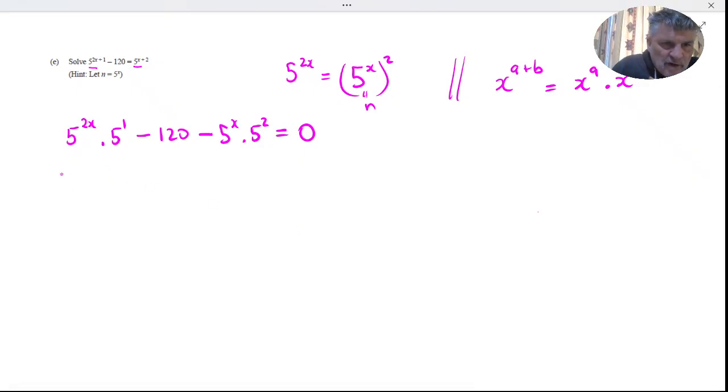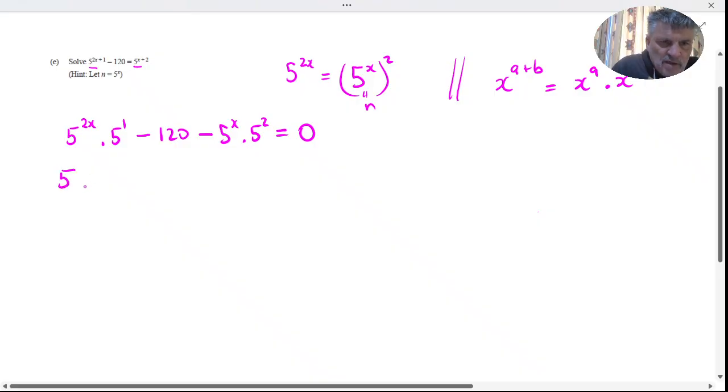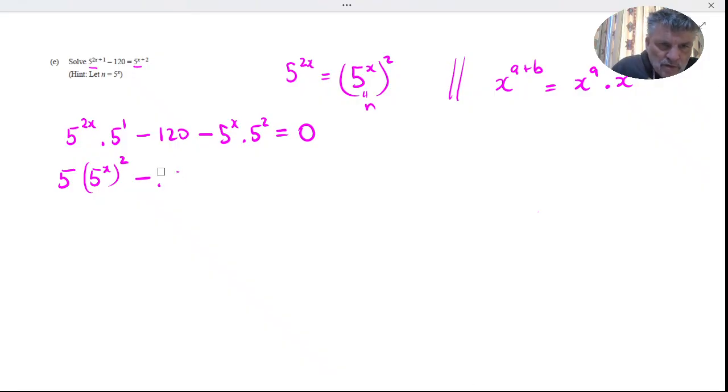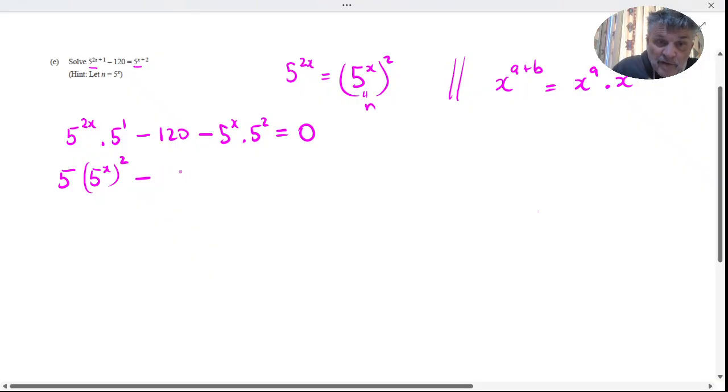This 5 can go in front, so it's 5 times 5 to the power of x squared minus, I'll write this term next, that'll get our quadratic into nearly standard form. 5 squared is the constant in front, 5 squared times 5 to the power of x minus 120 equals 0.